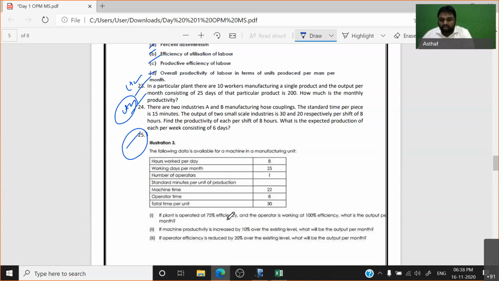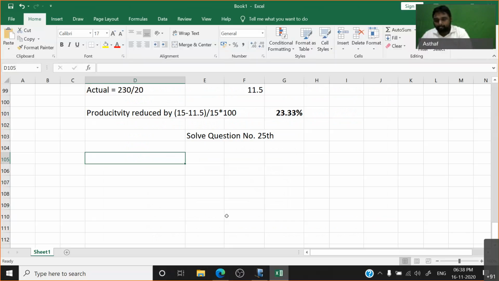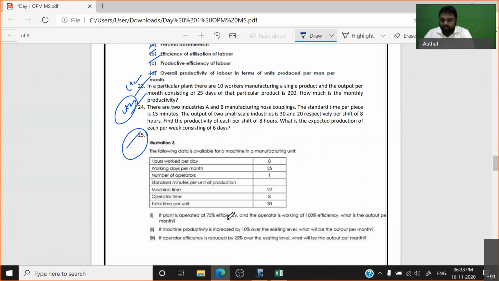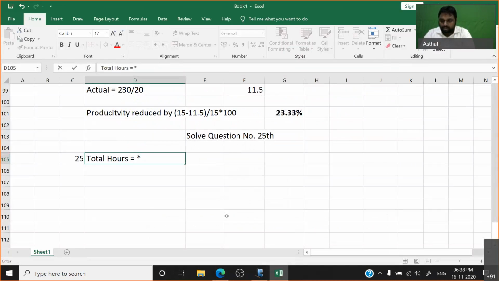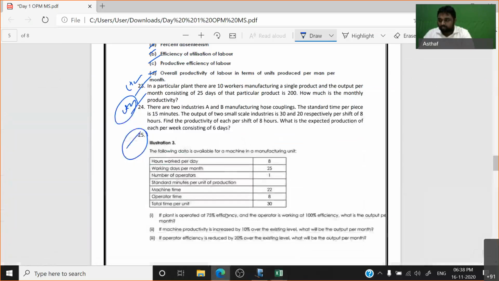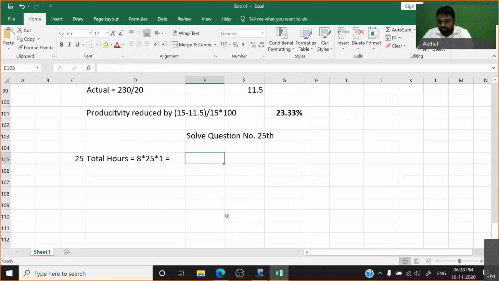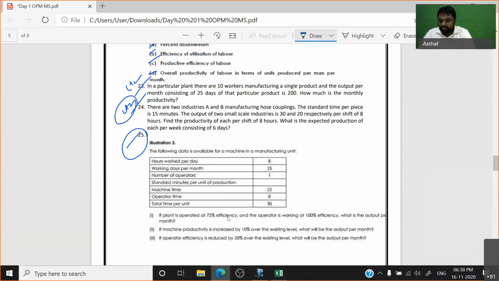So first, what is the total hours? 8 into 25 into 1, 200 hours. So first they are asking plant at 75% efficiency.